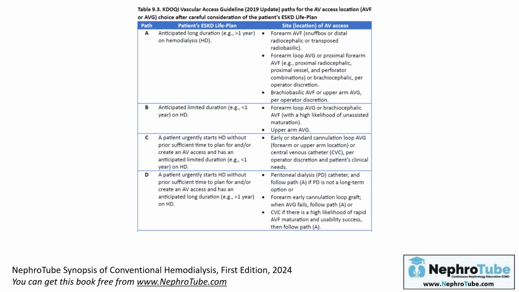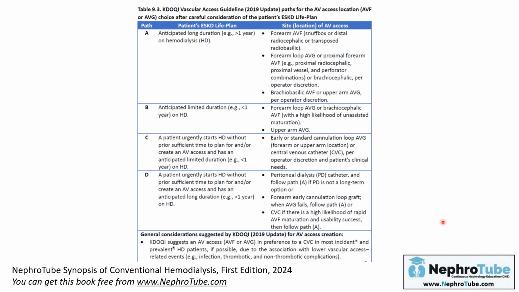Whenever there is the option to use AV fistula, AV graft, or catheter, the preferred choice is always the AV fistula and AV graft over the catheter, because a catheter carries more risk of infection.